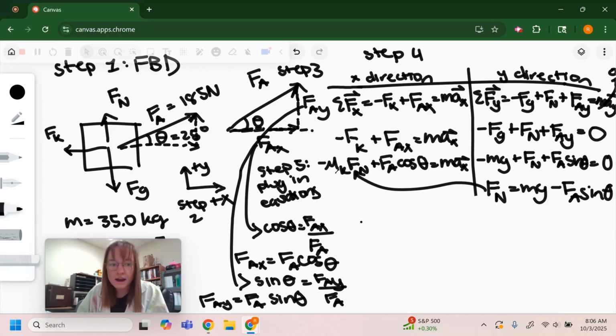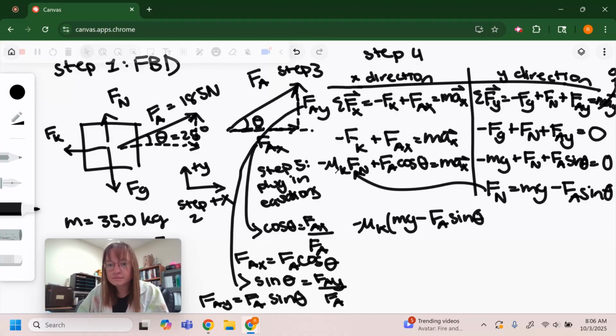So now I have a statement that looks like this: negative mu k times mg minus FA sine of theta, plus FA cosine of theta, is equal to max.